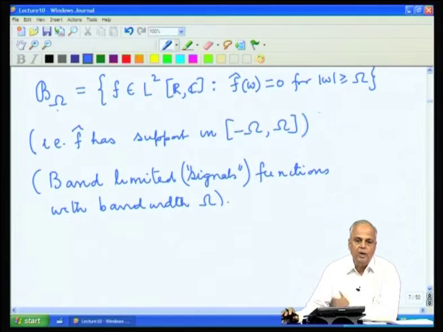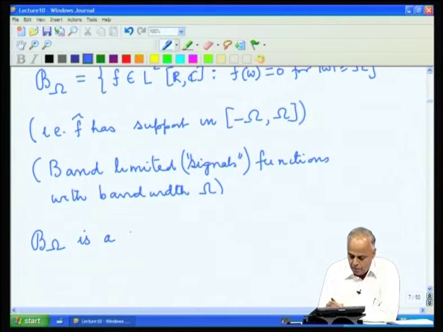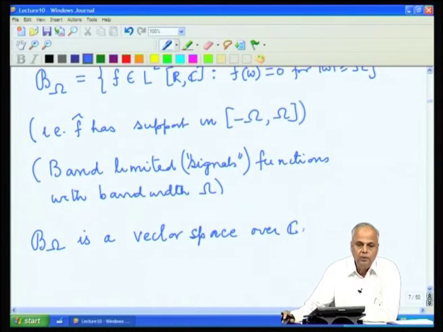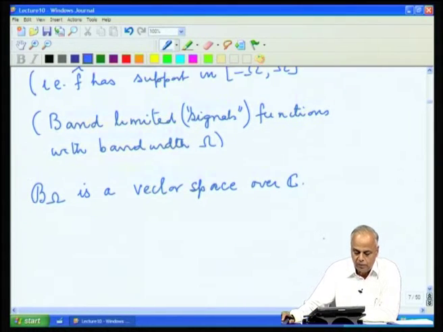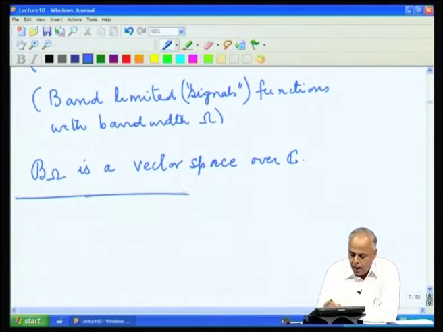And since these are functions, we know how to add functions, we know how to multiply a function by a scalar, and we see that these form a vector space. B omega is a vector space over C. This class of functions, band limited functions, come in handy in signal processing and in Shannon's sampling theorem.